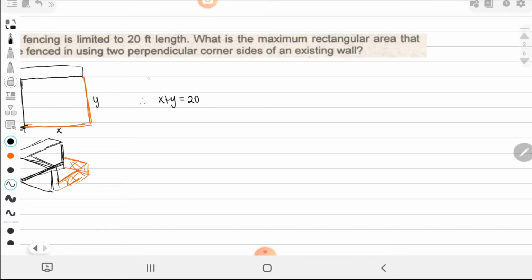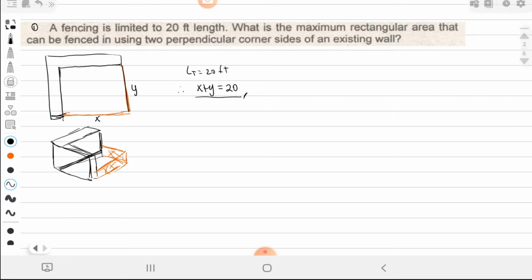So L total, take note, is equal to 20 feet. So the length of y plus the length of x is equal to 20 feet. That is the length of our fencing material. Okay? But we want to maximize the value of our area. So what would be the value of x, and what will be the value of y?